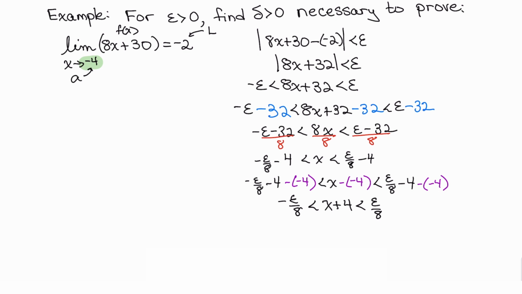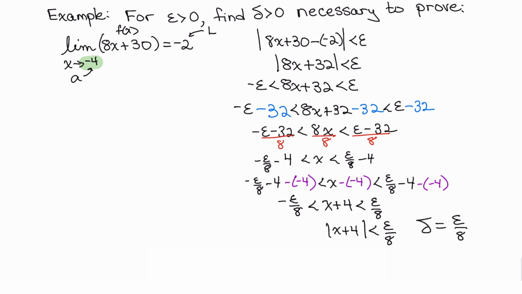That has that balance between the left side and the right side just being opposites of each other. So I can write that as the absolute value of x plus 4 is less than epsilon over 8. And that transitions to what we have in that yellow highlighted part. So our delta is equal to this epsilon over 8.